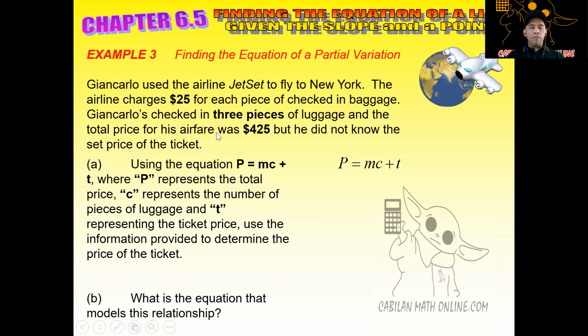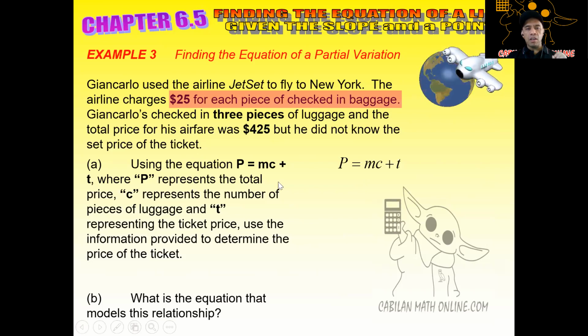Starting off with $25 for each piece of checked-in baggage. Let's see what the letters are again. P represents the total price, C represents the number of pieces of luggage, and T represents the ticket price. The $25 is for each piece of checked-in baggage. Another way to interpret that is that for every piece that is checked in, this person is going to be charged $25.